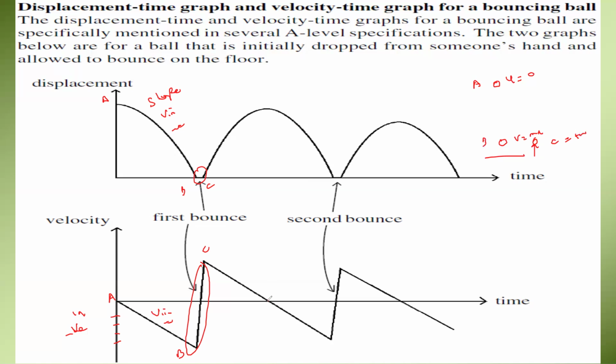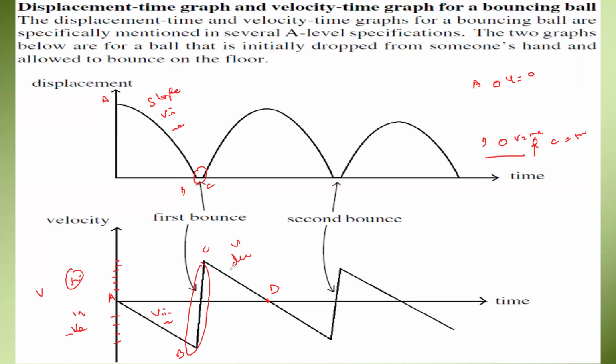Then moving from C to D, like C to D here. So what happened to the velocity moving from C to D? If you see the value of the velocity, you take the y-axis. What happened to the velocity from C to D? Decreasing. So velocity is decreasing. And what about the value of the velocity?